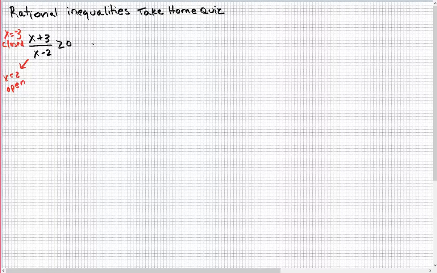So then you grab your number line, and -3 comes first, and then 2. And now you have to test 3 regions, A, B, and C. And the numbers that we're going to pick are a number to the left of -3, -4, in between -3 and 2, 0, greater than 2, 3.